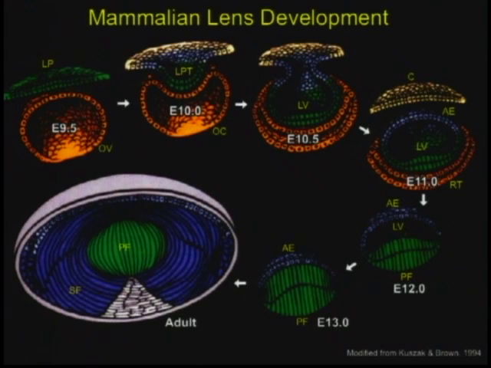And these are piled on like an onion to form this lens. The important part to note here is that these stages, the anterior epithelial cells differentiating into fiber cells, occur throughout the life of the organism. So the principles that we learn for how these fiber cells are differentiated can be applied throughout the life of the lens.